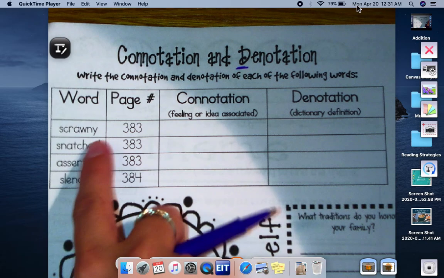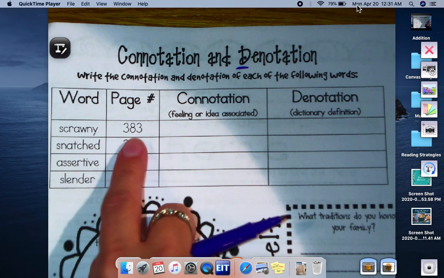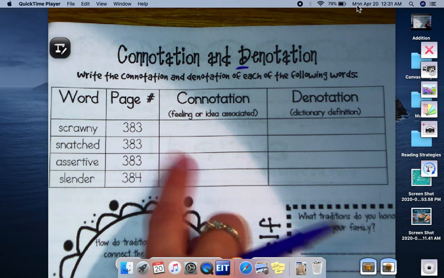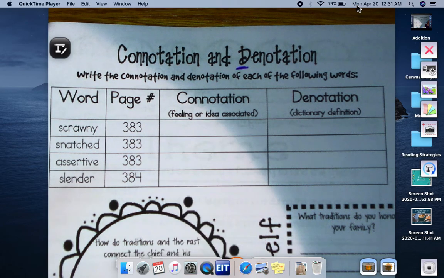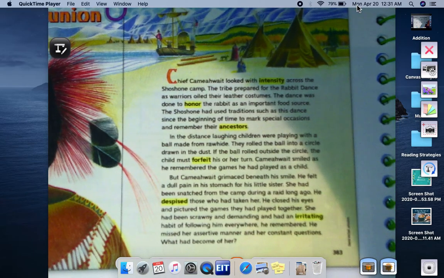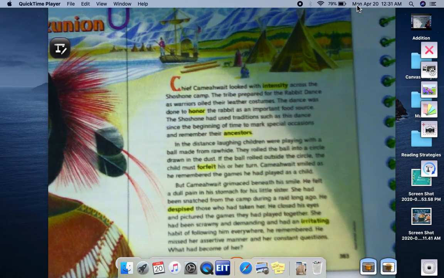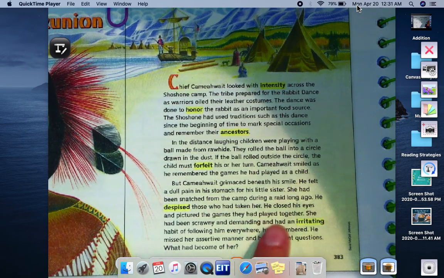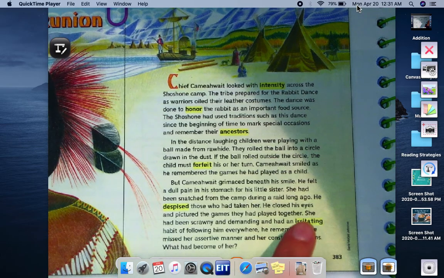So, the word scrawny on page 383. If I look back, because I'm not just going to guess what it means, scrawny on page 383. Let's see if I can find it for us. It says, here we go.